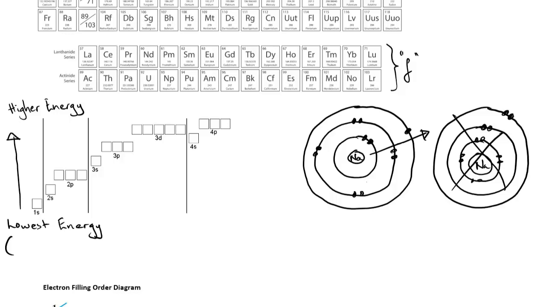So the lowest energy is actually the most stable. Electrons, and nature in general, try to do activities from the greatest amount of stability to the least amount of stability. That's how nature operates. So most unstable, or more unstable.